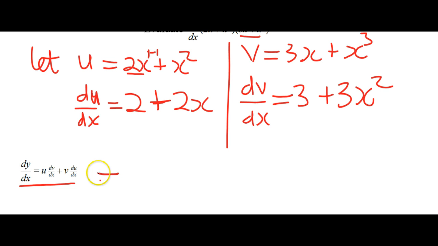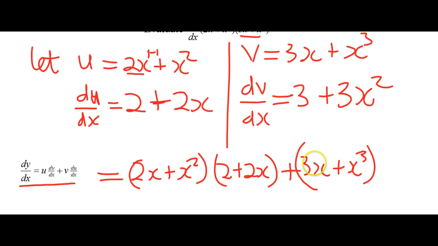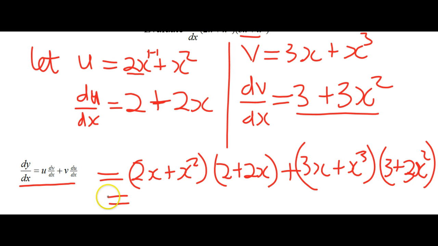It means that my final answer for dy/dx is going to be the original u, which is 2x plus x squared, times the differential of u, which gave me 2 plus 2x, plus, that's the formula plus here, and then I'll hold the v, which originally is 3x plus x cubed, times the differential of v with respect to x, which is this one, 3 plus 3x squared. And so you can simplify this, and that becomes your result.